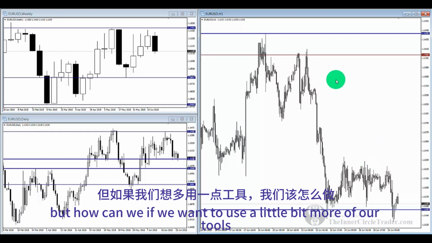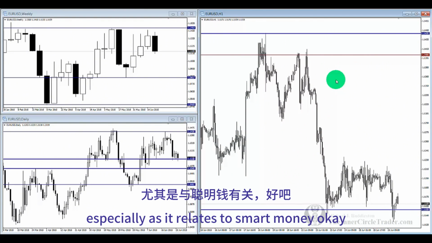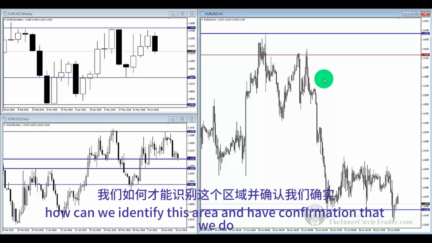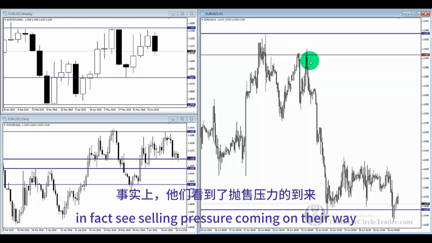But if we want to use a little bit more of our tools, especially as it relates to smart money principles, how can we identify this area and have confirmation that we do in fact see selling pressure on its way?